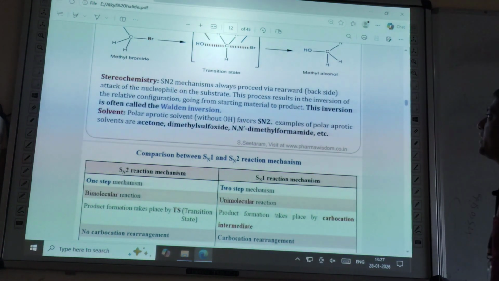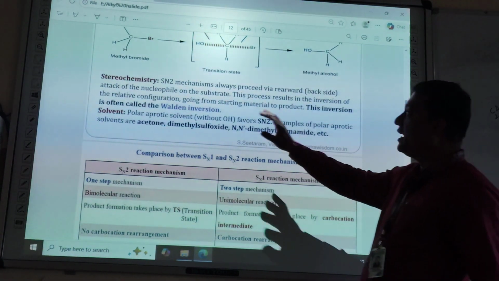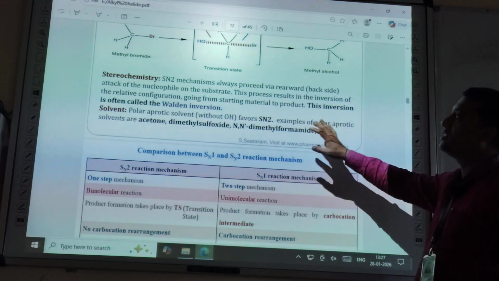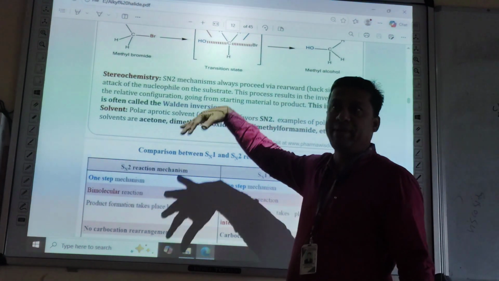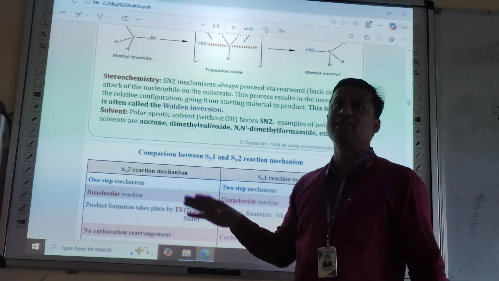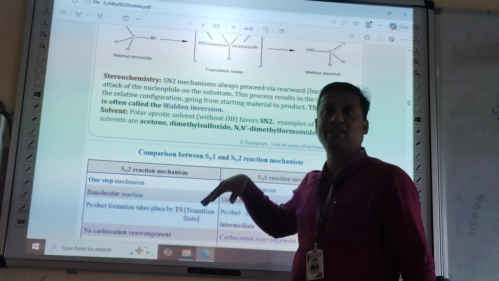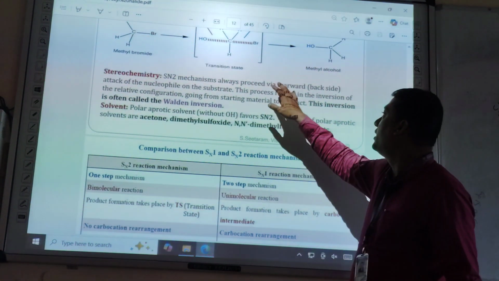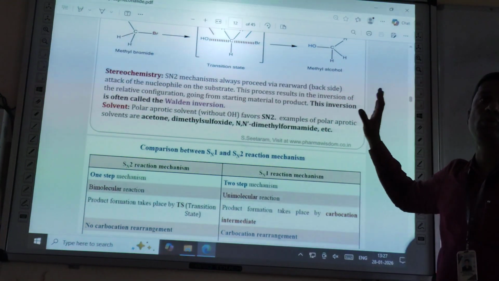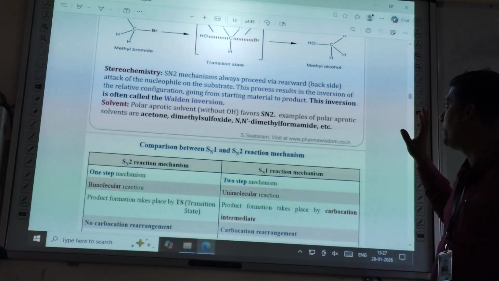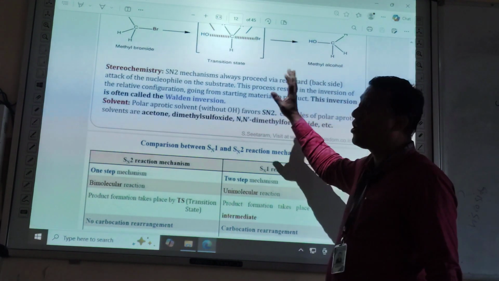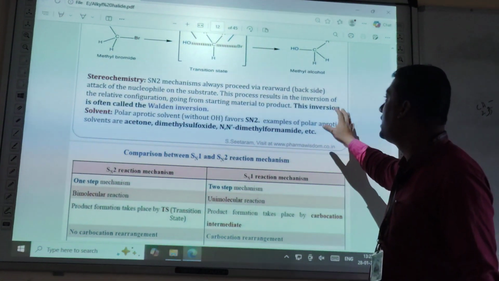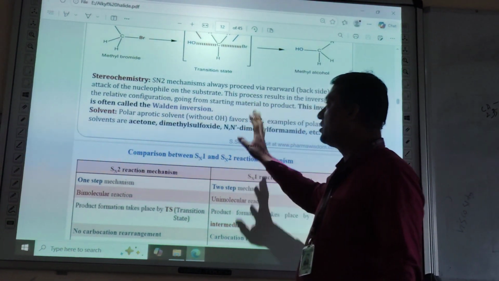This process results in the inversion of the relative configuration going from starting material to product. This inversion is known as Walden inversion. In the previous internal examination, this question appeared: what is Walden inversion? Due to the rearward or backside attack, the product formed will be reversed. That is known as Walden inversion.